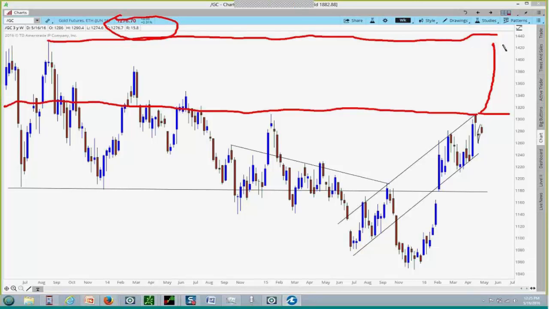We could be heading as high as $1440. So going from the current price of $1270 to $1440 using gold futures or just buying the GLD, this is not a recommendation, but it's something that you might want to look at and consider.